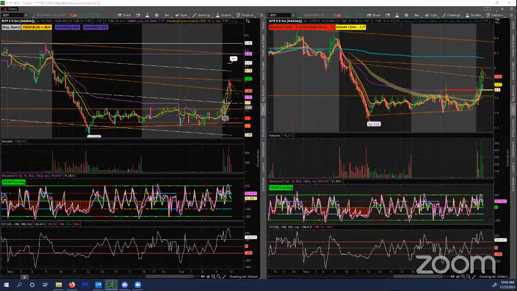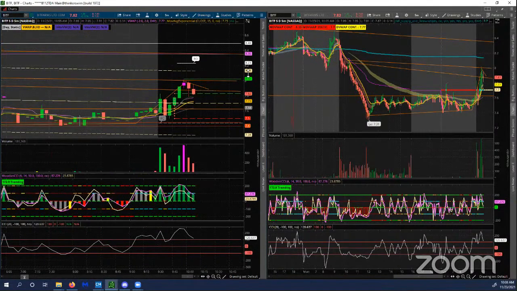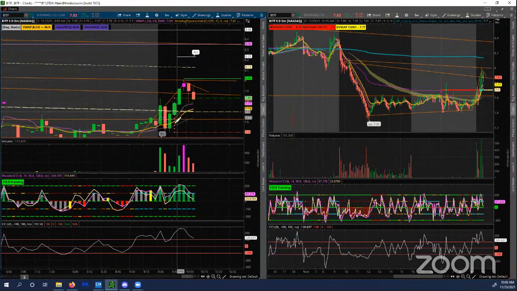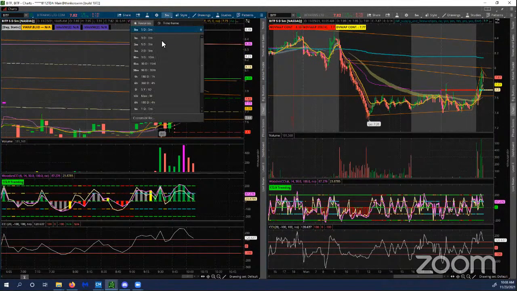All right, so I want to see if this BITF can kind of build here. Not too hot with it right where it's living right now, but it definitely is intriguing on the 5-minute time frame from yesterday.